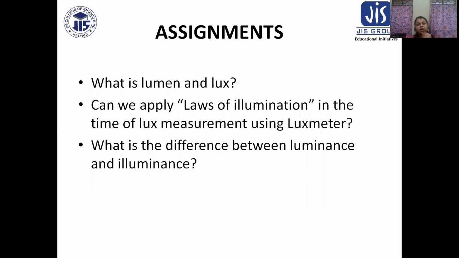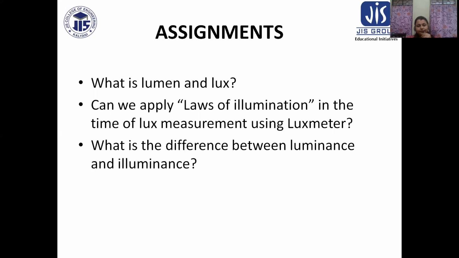Can we apply laws of illumination at the time of lux measurement using a lux meter? So E equals F by A. Obviously, we can apply the Lambert cosine law, because in the case of a tilted angle, we have to apply the Lambert cosine law. That means in the case of a tilted surface.